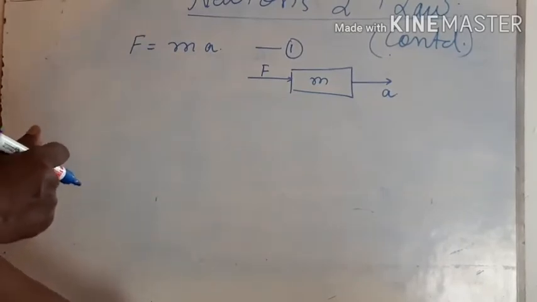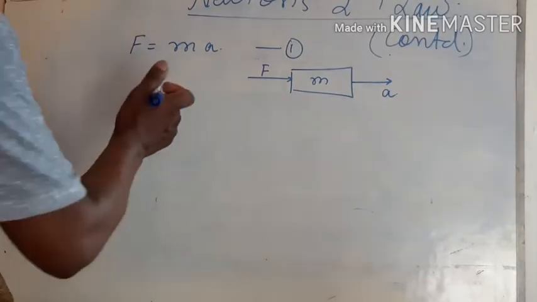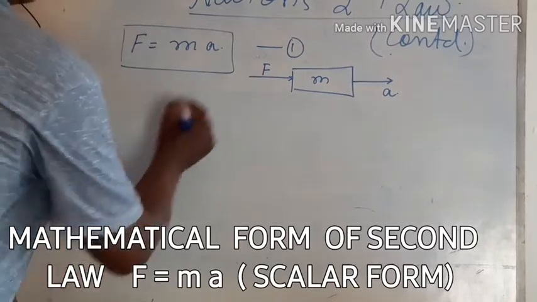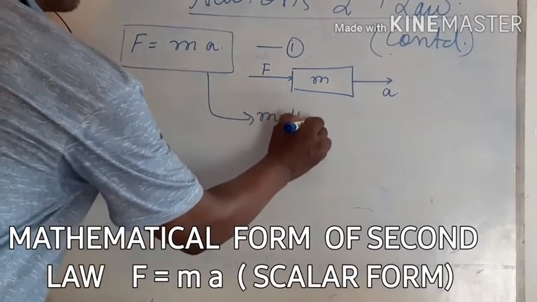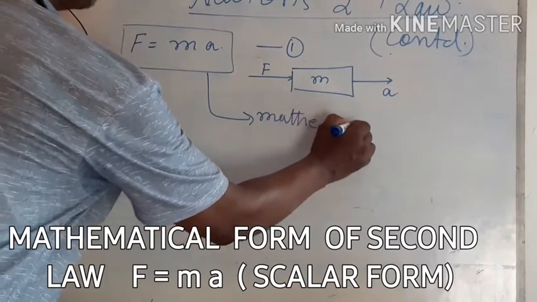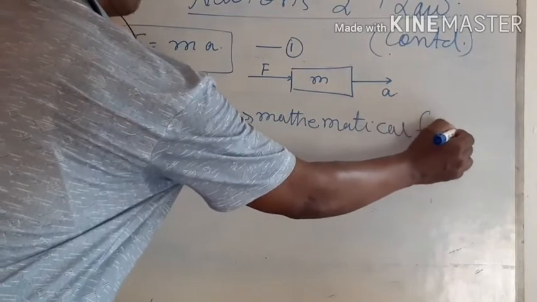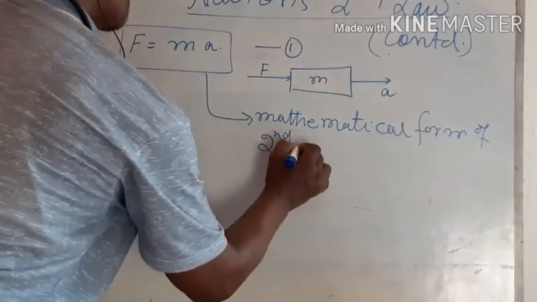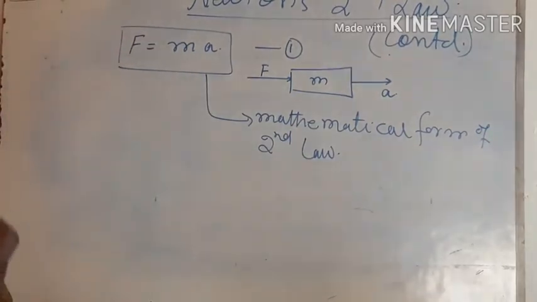So now this form is called the mathematical form of the second law.